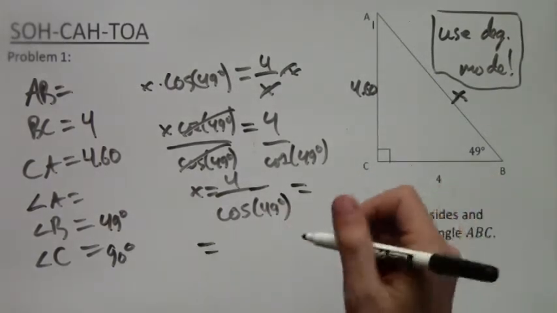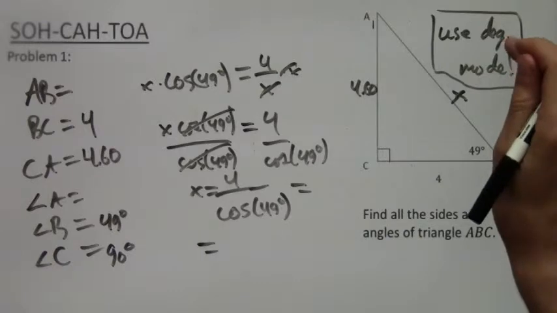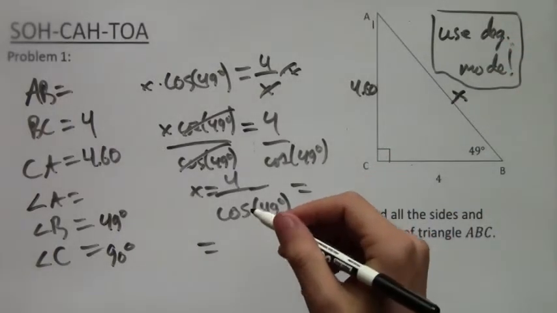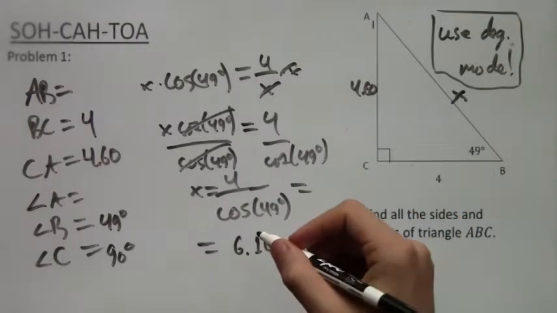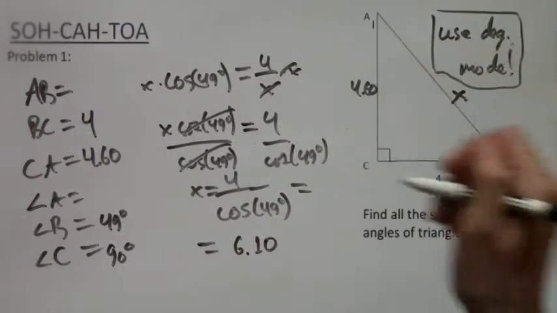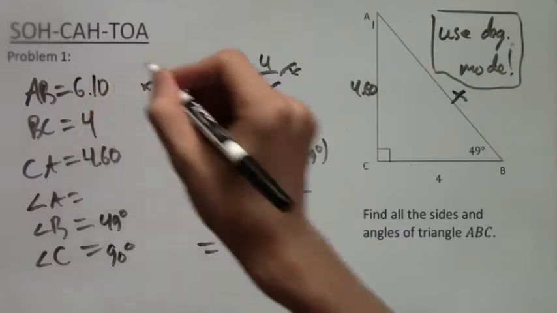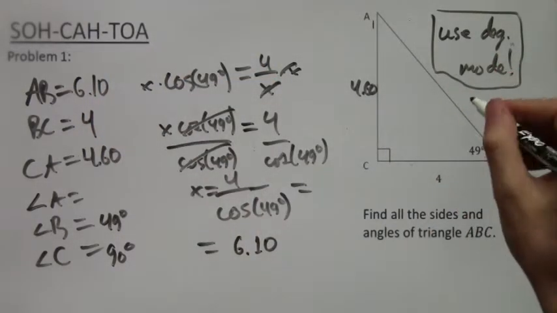And that in turn equals, assuming we're using degree mode, 6.10. So the correct answer for x is 6.10. So that's AB. I'm labeling in the answers here, and I'm labeling our triangle 6.10.